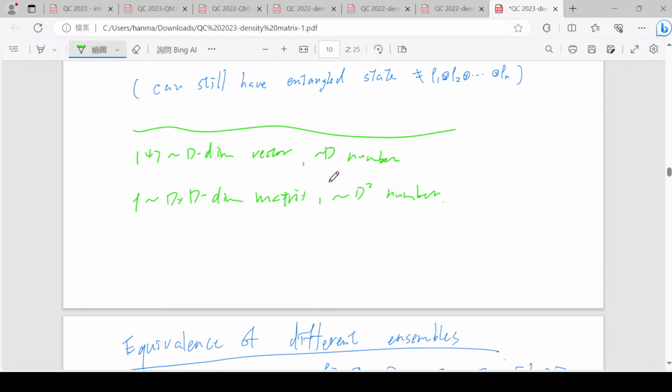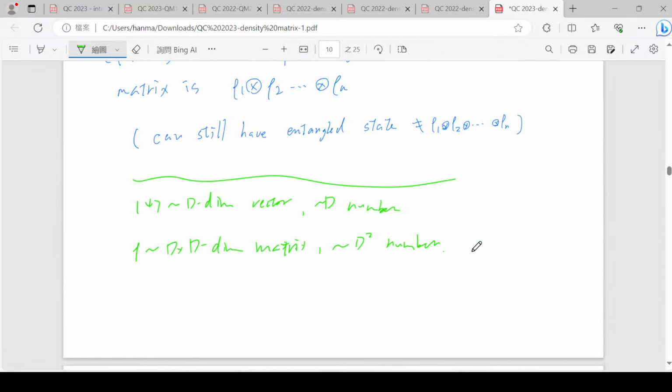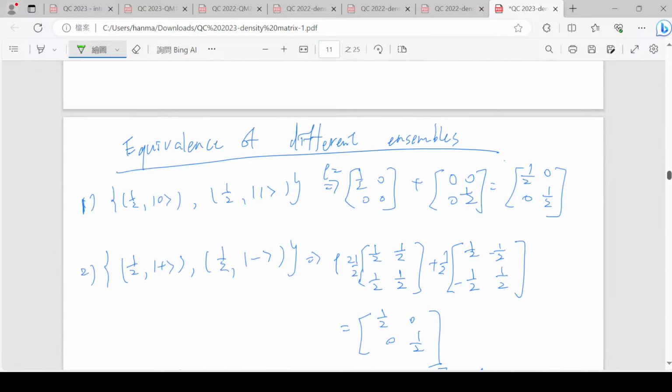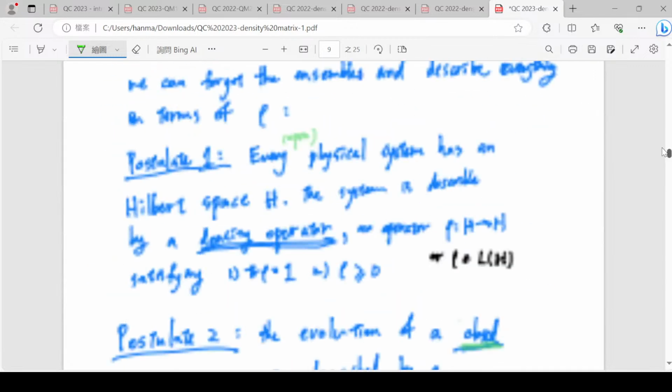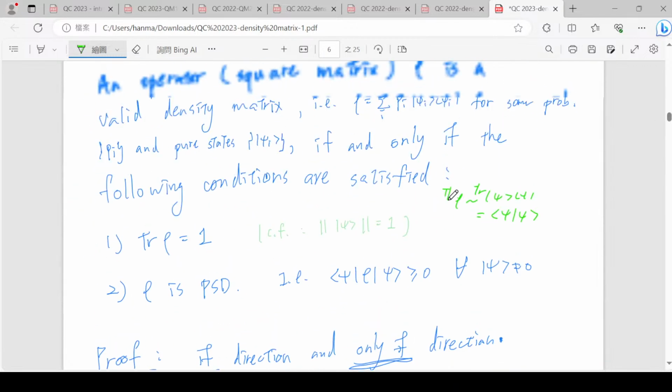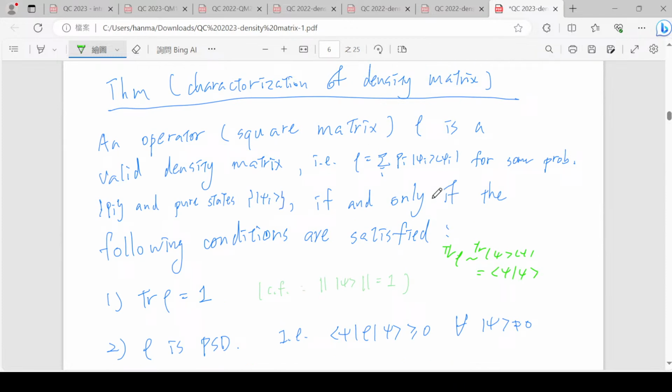So this is going back to our characterization of the density matrix. Let's jump a little back. We had before this if and only if relation saying a density matrix is valid if and only if this.